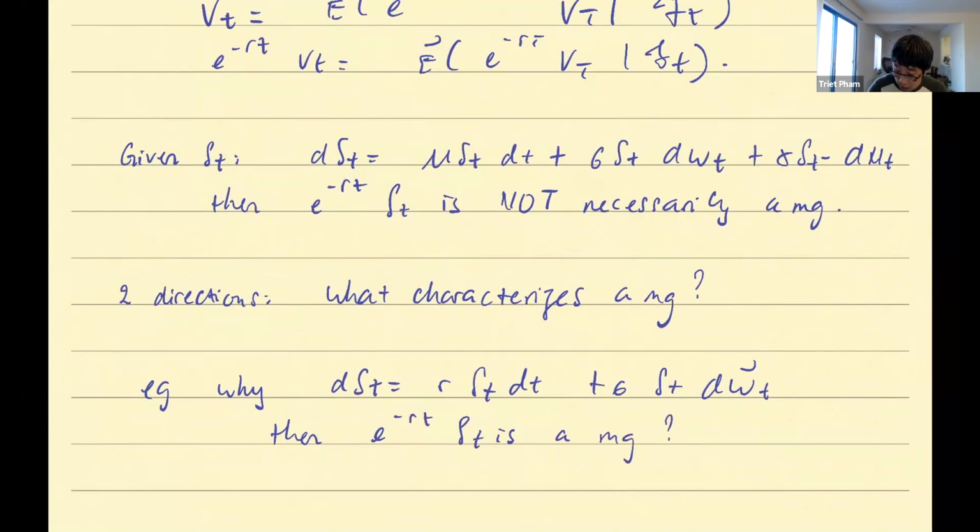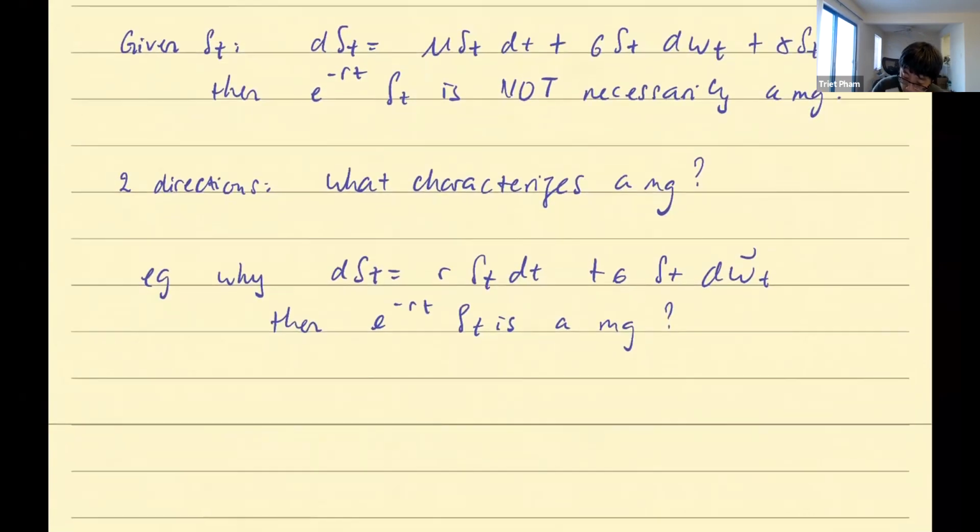This is the classical Black-Scholes, but this is the risk neutral Brownian motion. This is R. Then I have a martingale right away. What gives it? And so that's the first direction.